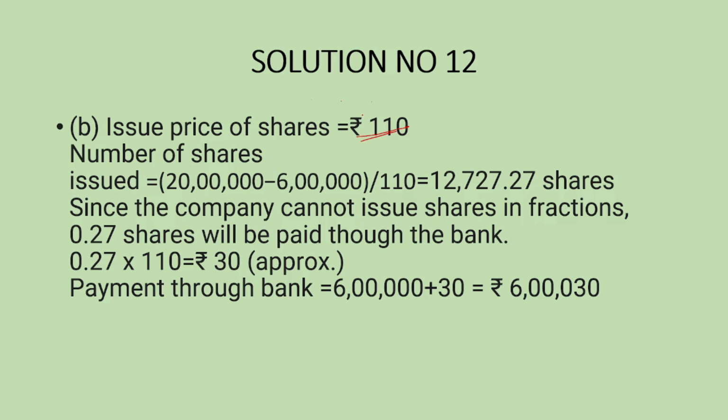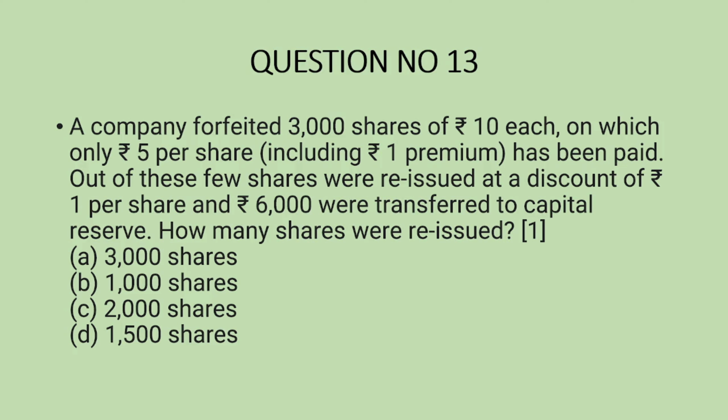Issue price of the share is rupees 110, and the number of shares issued is 20 lakhs minus 6 lakhs by 110, that is 12,727.27. Since shares cannot be issued in fractions, the 0.27 share will be paid directly through the bank, that is rupees 30, and the payment through the bank will be 6 lakhs plus 30, that is 6 lakh 30.